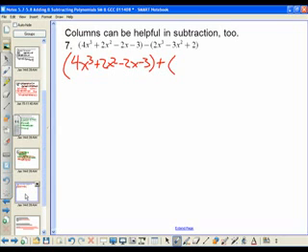Plus, positive 2 becomes a negative 2x cubed. Negative 3 becomes a positive 3x squared. Becomes minus 2. Now you guys solve this using the column method, please. Everyone right now, solve that using the column method.